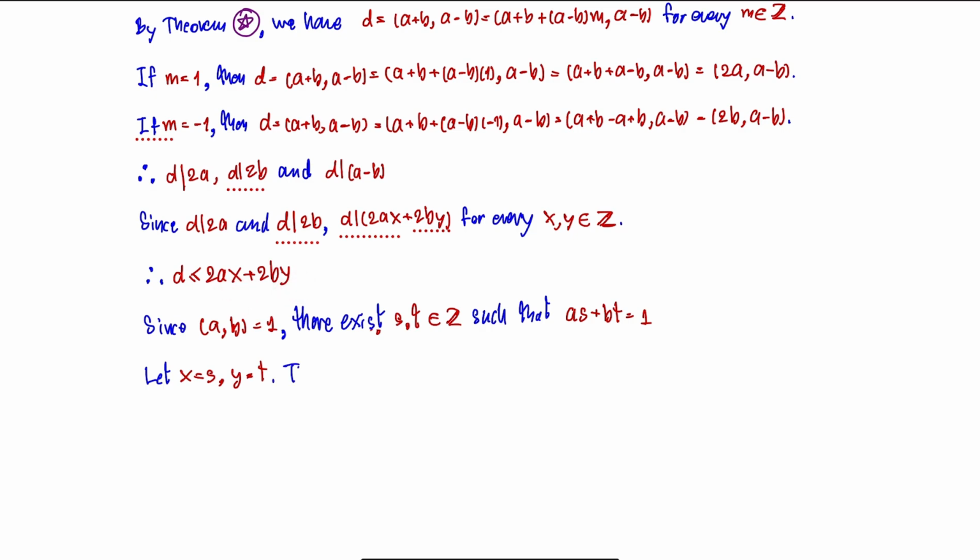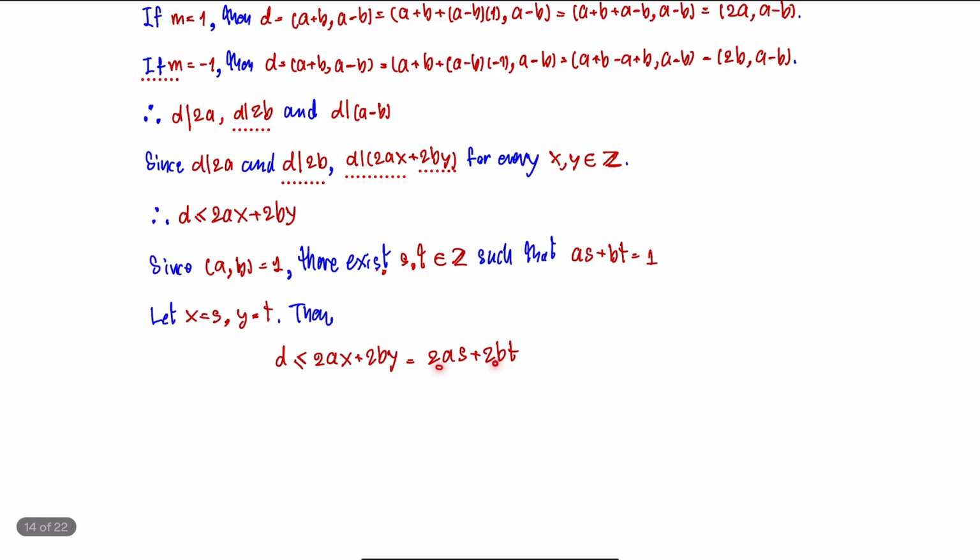Then what do we have? We gotta have d less than or equal to 2ax plus 2by. Now it becomes 2as plus 2bt. And we factorize number 2, we gotta have 2 times (as plus bt), which is 1, right? So we have that d less than or equal to 2.